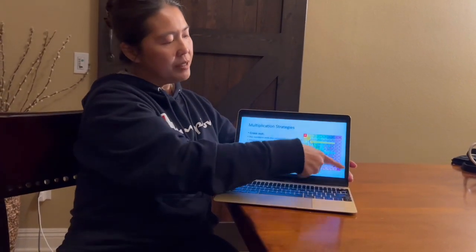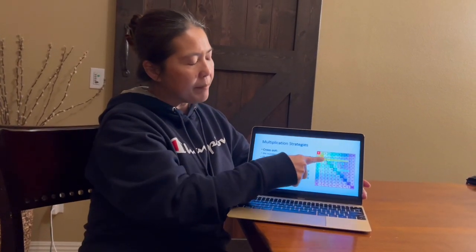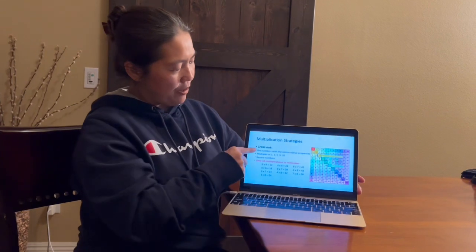So what we're going to do is take the same multiplication chart and we're going to cross out the numbers with the commutative property, which is all the numbers below these square numbers. And so we're going to cross these out. We're going to cross out the numbers that we have just learned.